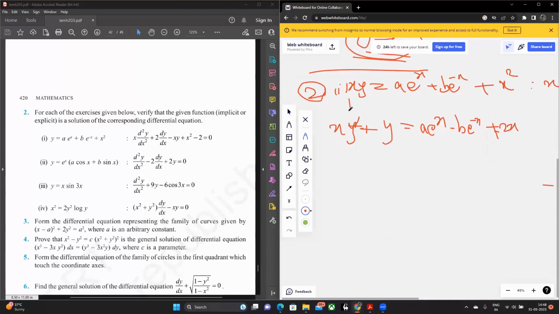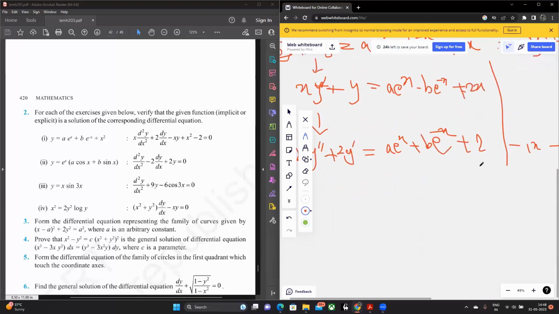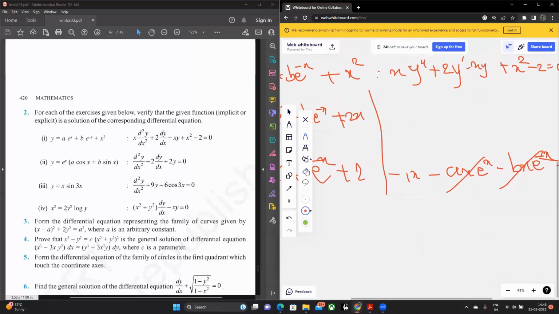Differentiating another time, we get x y'' plus 2y' equals a e^x plus b e^(-x) plus 2.